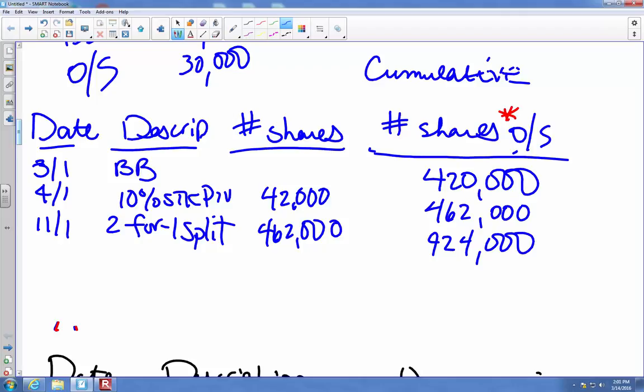Last transaction, declared a cash dividend of 25 cents per share, and then I paid it. Make those 2 journal entries, and we'll call it a day.